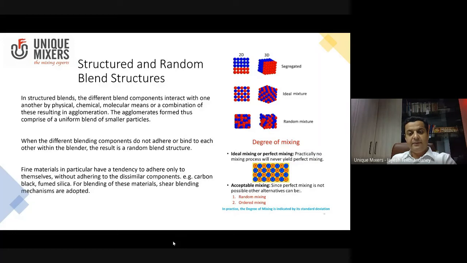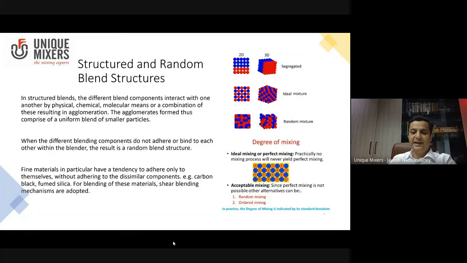So again, it's not that when we mix something, the mix is 100% an ideal mixture. An ideal mixture, as you can see on the image at the right, you see a segregated material. So you have material A, which is in blue, and you have material B, which is in red, and they are completely segregated.